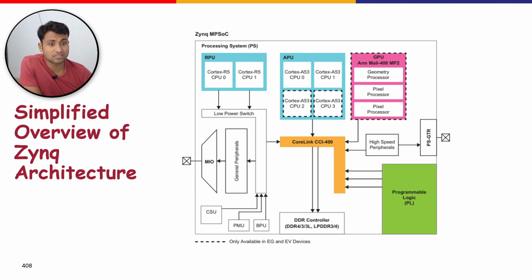Primarily, the CCI is used to achieve asymmetric processing, fundamentally providing interconnect support for coherency between processing tasks and ensuring each core operates on the most up-to-date data across the entire PS.